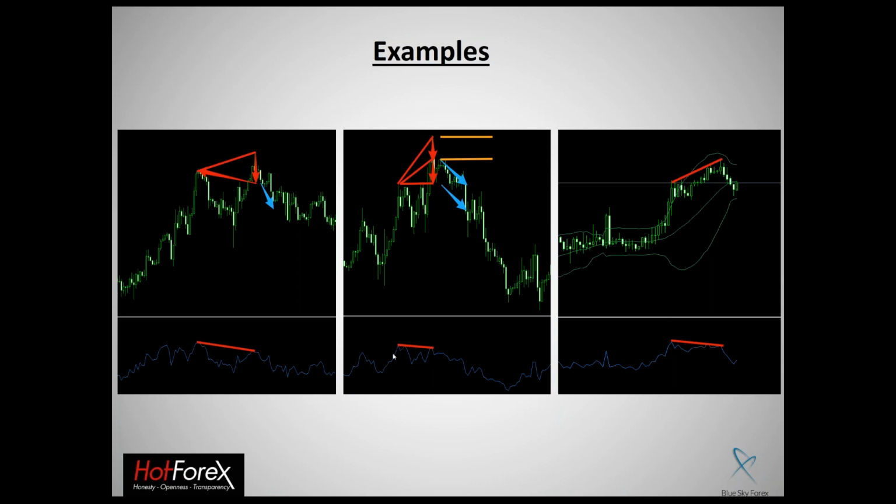You can have 3 or more points showing the same thing. I wouldn't personally say that's a stronger confirmation, but definitely don't ignore the divergence if it has 4 or 3 or more points or peaks, so to say.